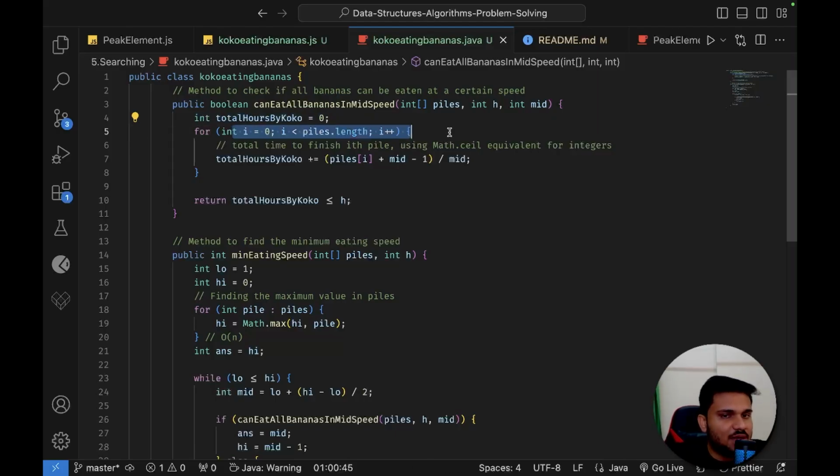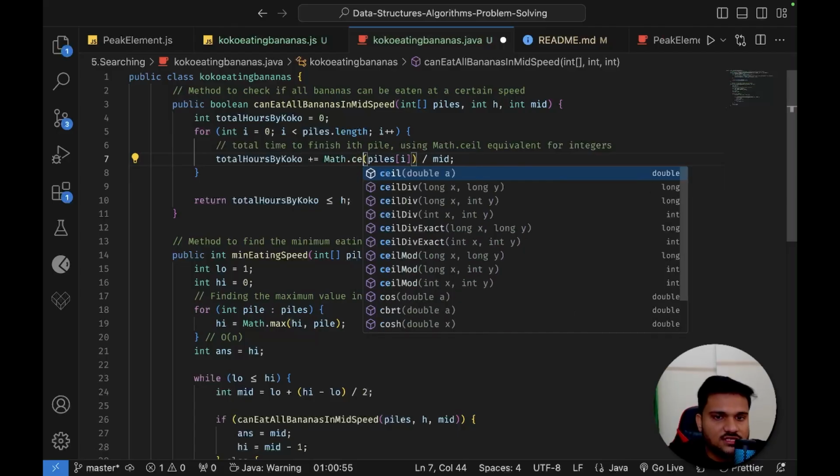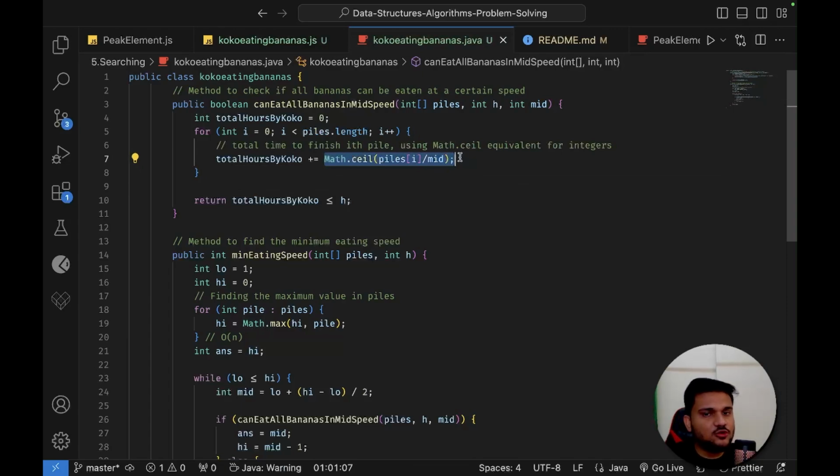And then I go to each pile and I calculate this value. You can just directly calculate it like this: Math.ceil of piles[i] by mid. You don't need this parenthesis. So what is this function going to do?